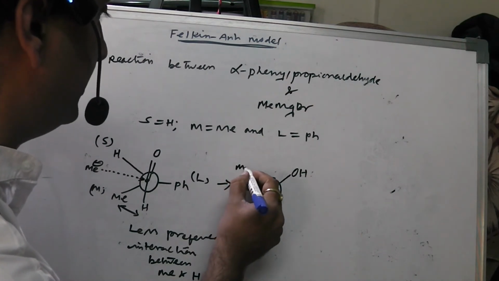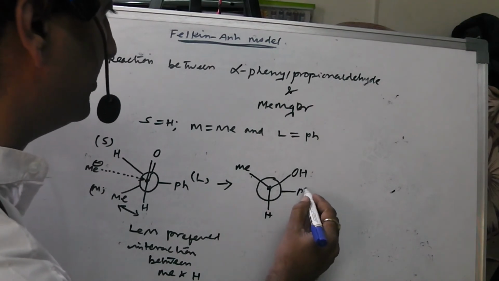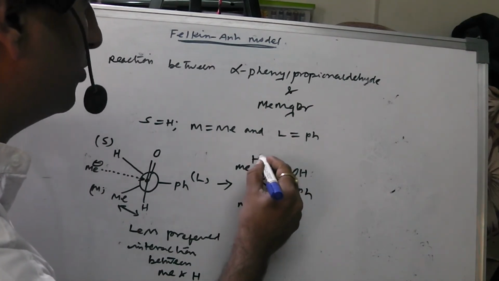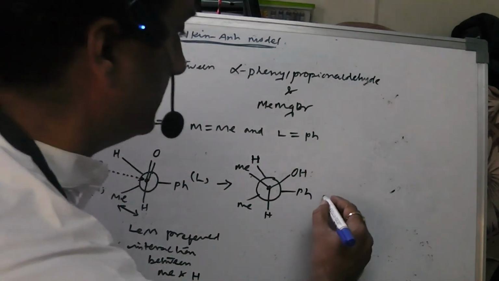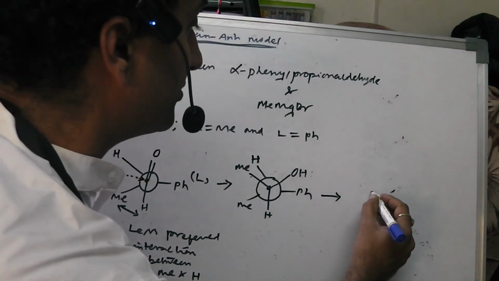And we have Me here, hydrogen, and Ph, Me and hydrogen. It is more like an eclipsed structure, so we have to write the stable, staggered form of the Newman projection.